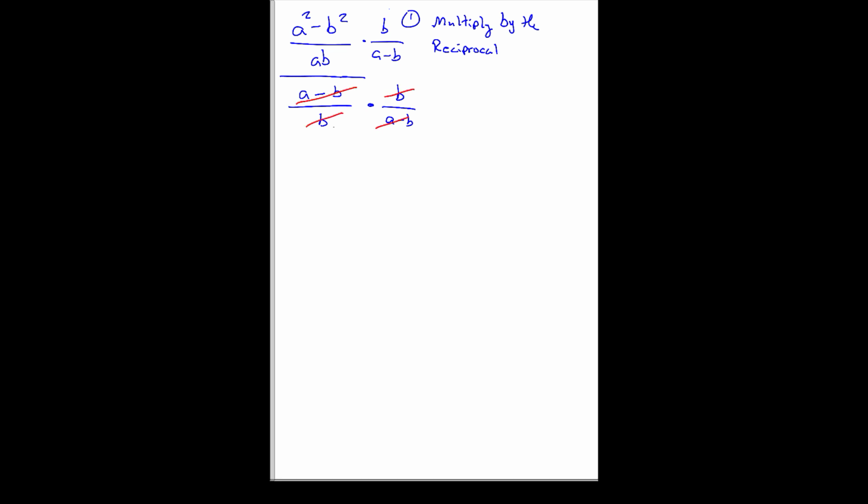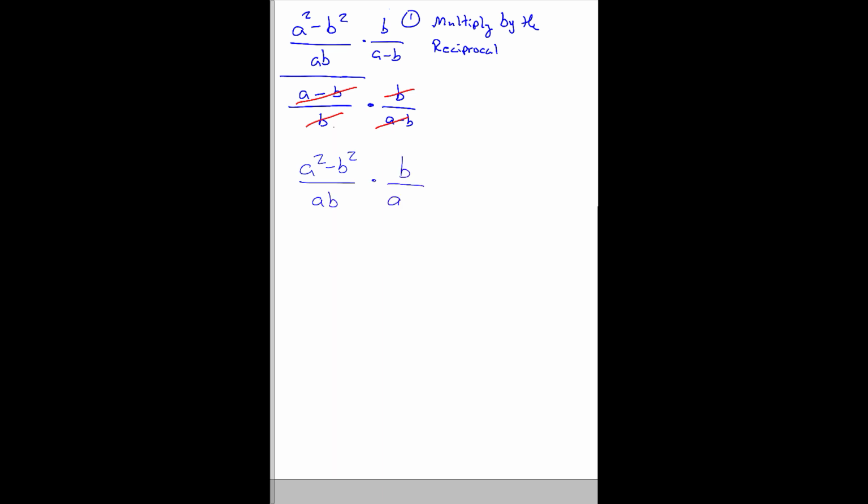So now we are left with a squared minus b squared over ab times b over a minus b.